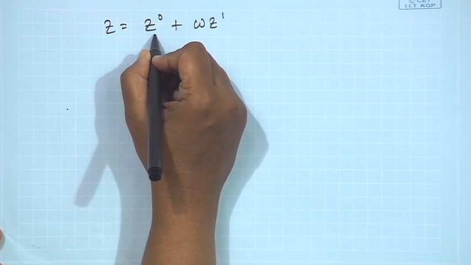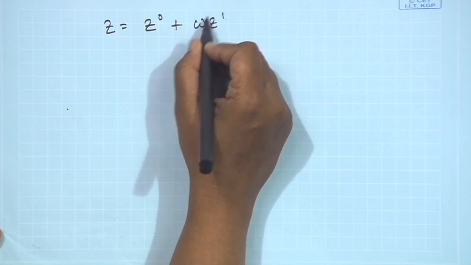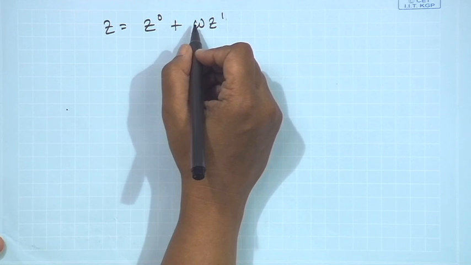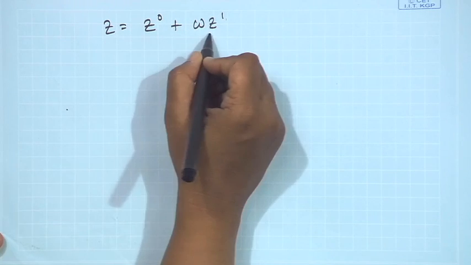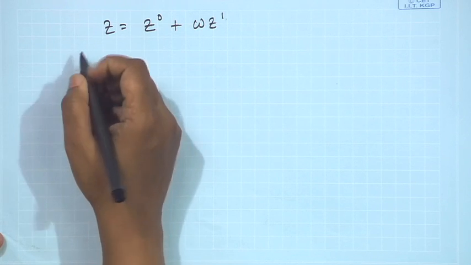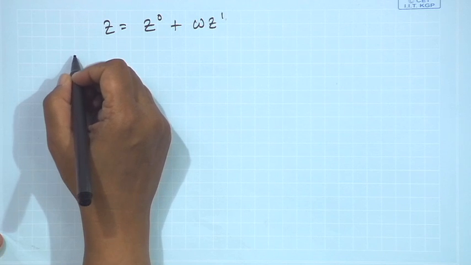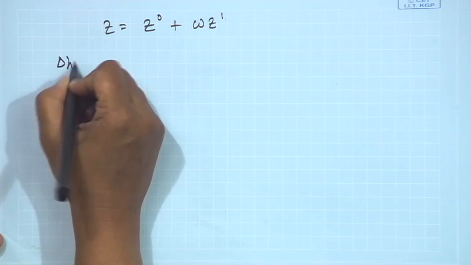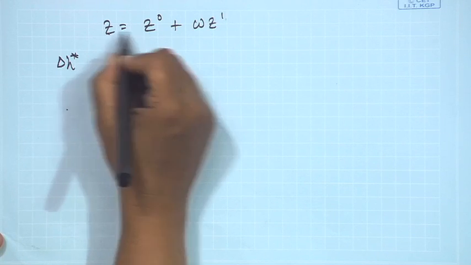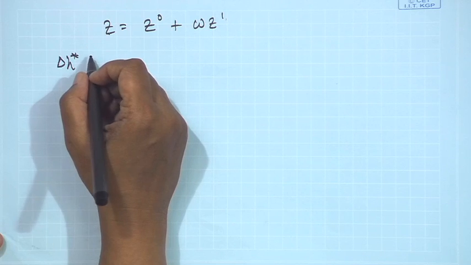This is for simple compounds or simple molecules, and then we incorporate a correction using a third parameter, which is the eccentric factor. So if we wish to express delta H star by RTC in terms of the 3 parameter law of corresponding states, that also we can do in this particular case. For that, we just need to substitute, instead of Z, Z0 plus omega Z1 and find out the relevant equation.